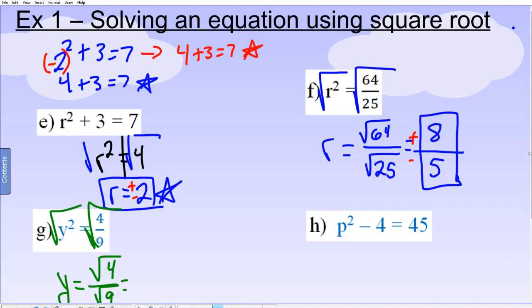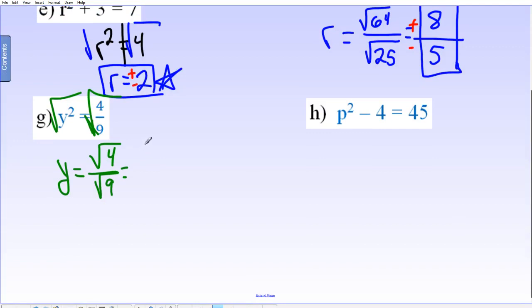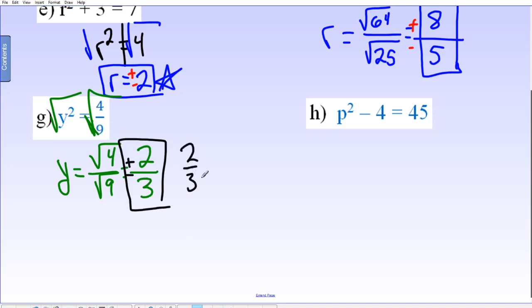The square root of 4 was 2, the square root of 9 was 3, and so I get an answer of both positive and negative 2/3. It's positive 2/3, it's negative 2/3. If you want to write it like that instead of putting the plus and minus in front, you can do that, but it is both positive and negative.